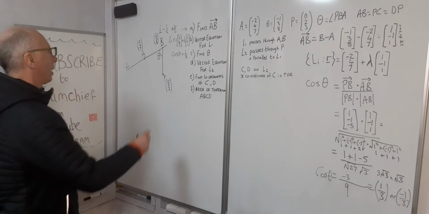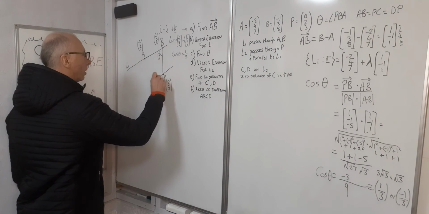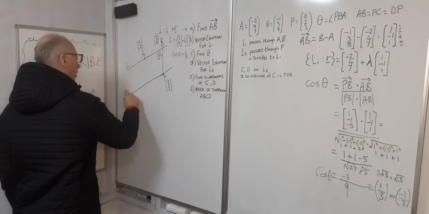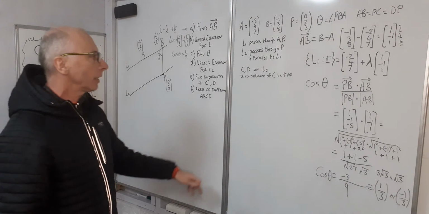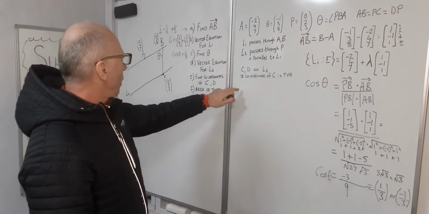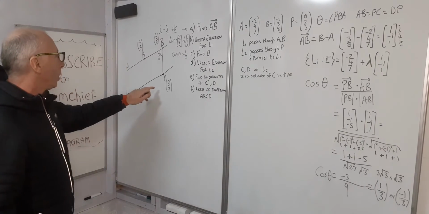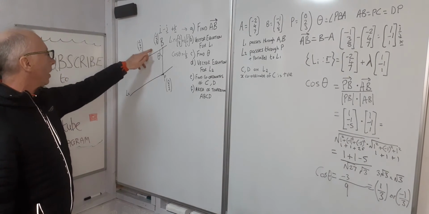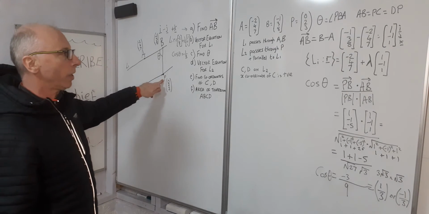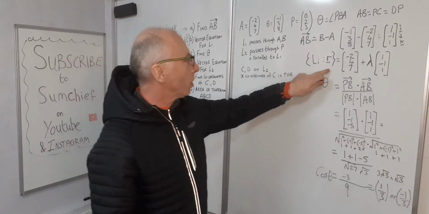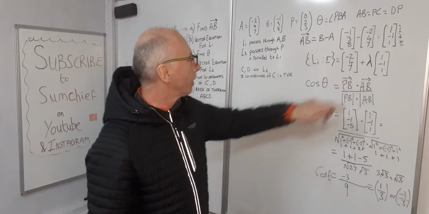So we're going to be parallel to here, and this is L2. For the vector equation for L2, what we do know is that the direction of L2 is the same as L1. We know that P is also on it. So we can basically do something similar to this one here.